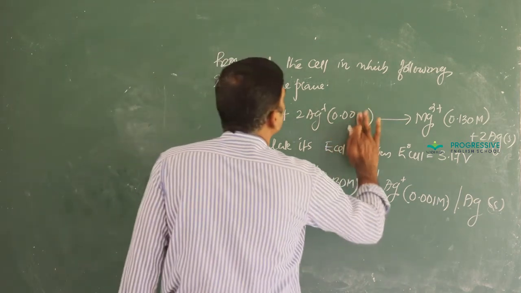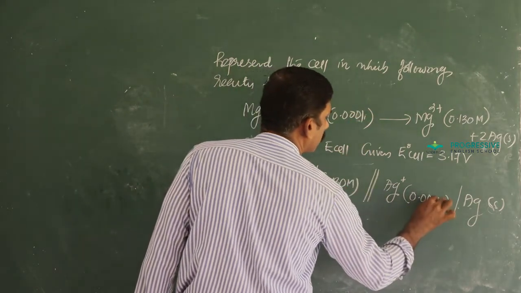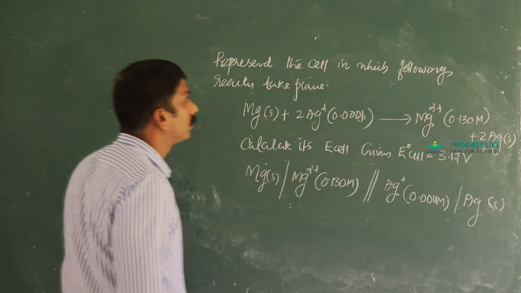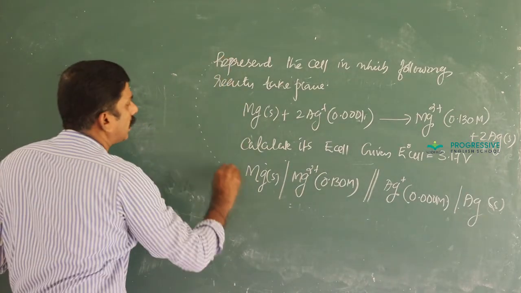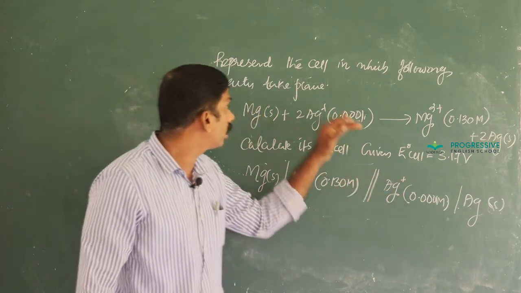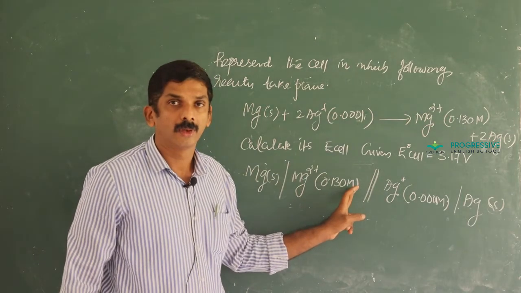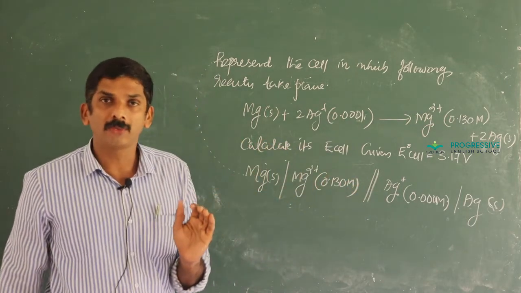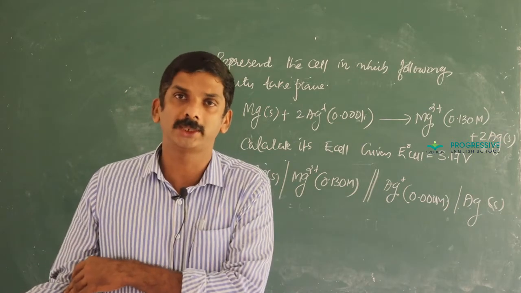Sorry, here it is 0.0001 molar. Three zeros are there. And this is the first part, represent the cell. Instead of C1 and C2, here the concentration is directly given. We can represent the cell first by writing the anode on the left side and cathode on the right side.